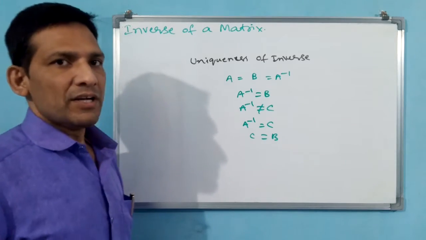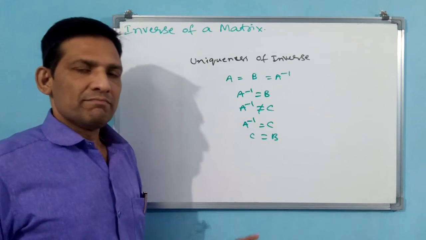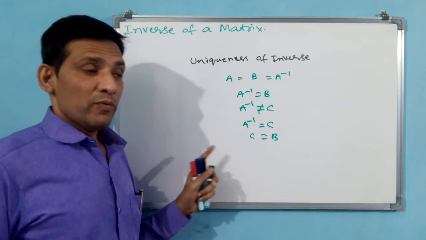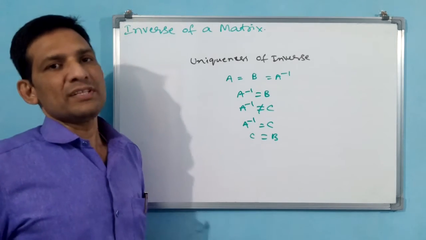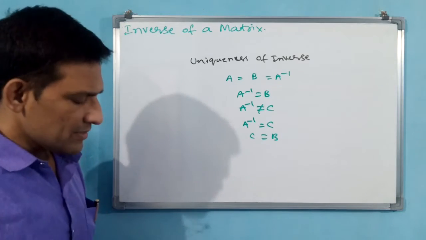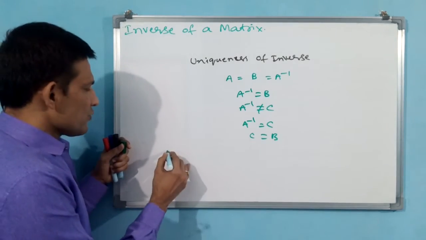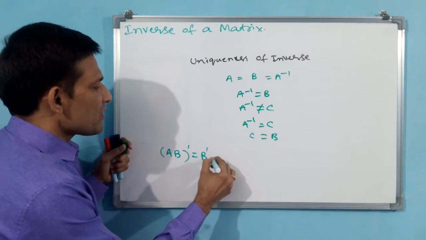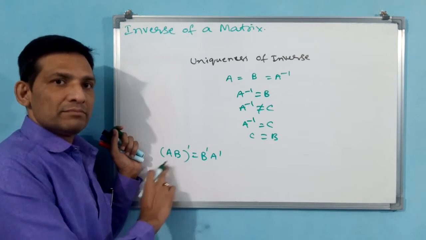Here A inverse is B means only B. No other matrix will come. If somebody says A inverse is C, then B must be equal to C. That is called uniqueness of inverse. Another one you must have seen: AB whole transpose is equal to B transpose A transpose, because in multiplication BA will come.